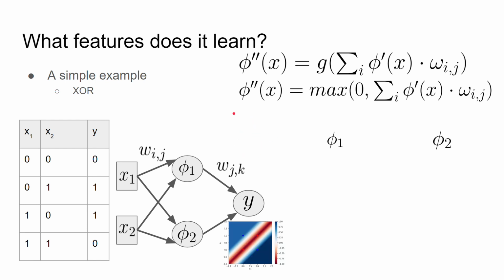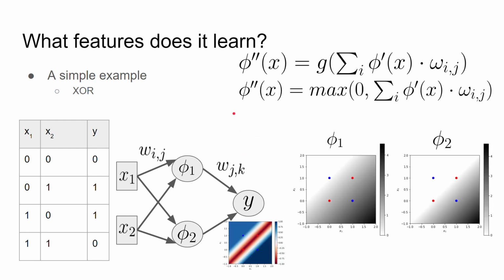If we go ahead and try that, these are the 2 features that it learned. So again, all it's got is some weights here. And this feature here is going to be zeros for all this space over here.